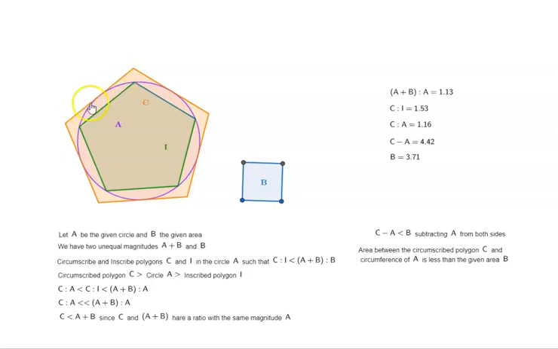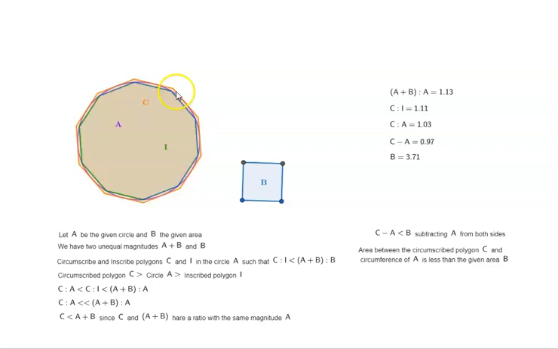So the only way in which we can bring it closer is by increasing the number of sides of the polygon. With this, whatever be the area that is given to us, we can get it closer and closer till it becomes less than B.